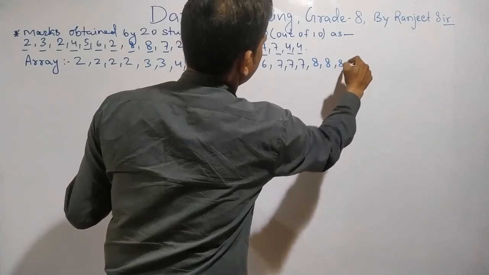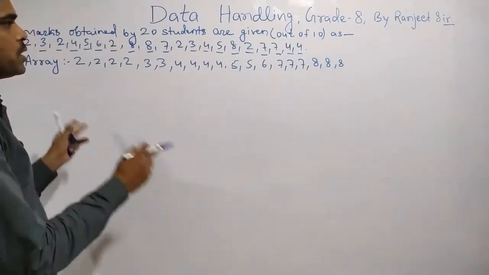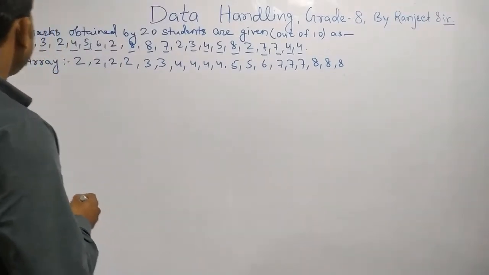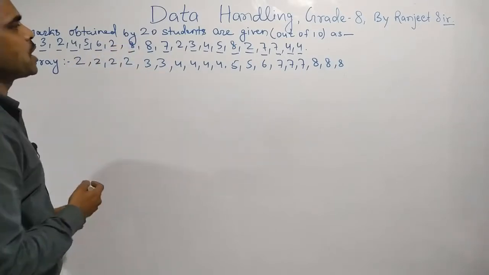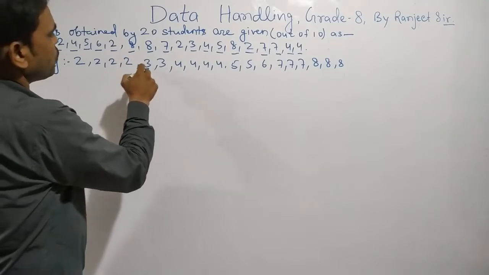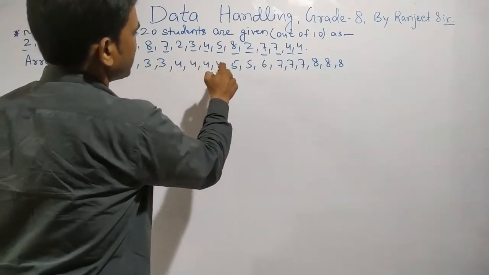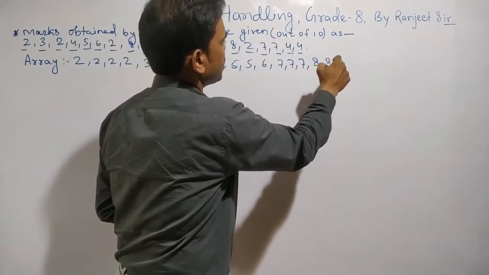We will count all now just to confirm that I have written all the data. It should be 20 because these are the marks obtained by 20 students. So 1, 2, 3, 4, 5, 6, 7, 8, 9, 10, 11, 12, 13, 14, 15, 16, 17, 18, 19.